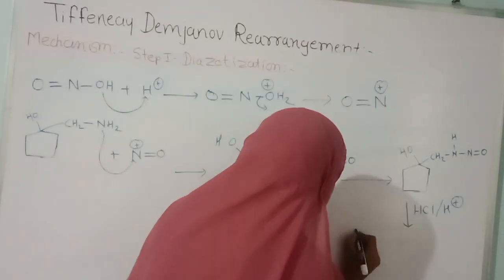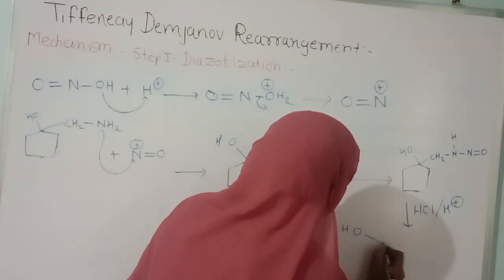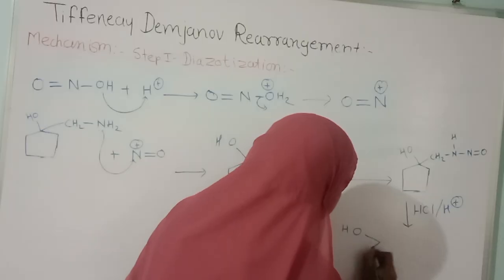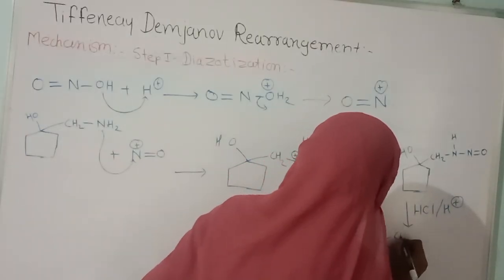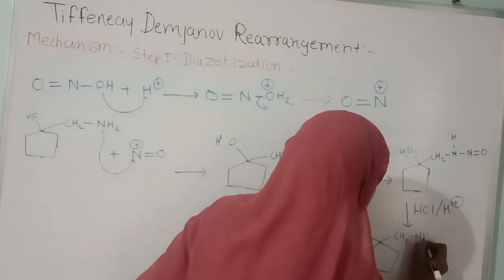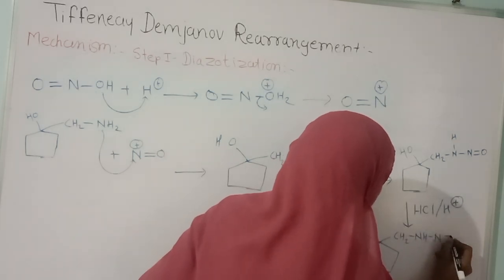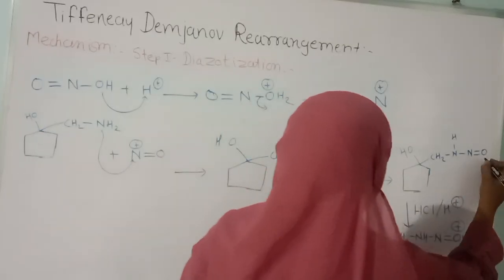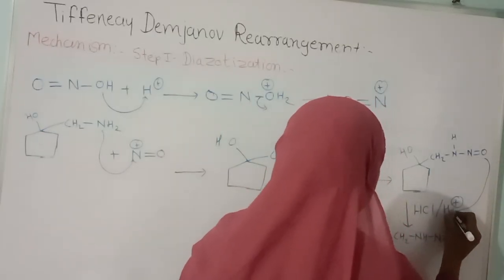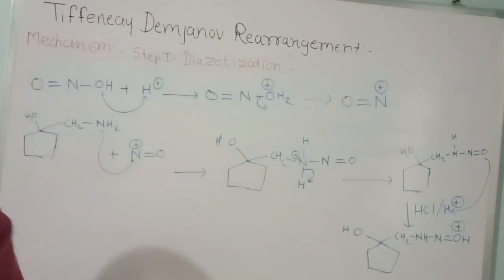This oxygen will pick up the proton. Then we get CH2 NH N double bond O having a positive charge on the oxygen atom.